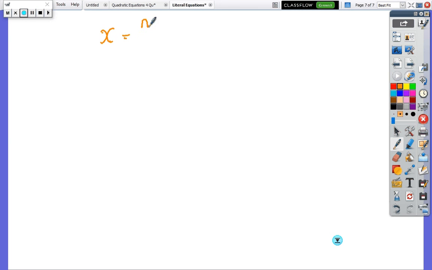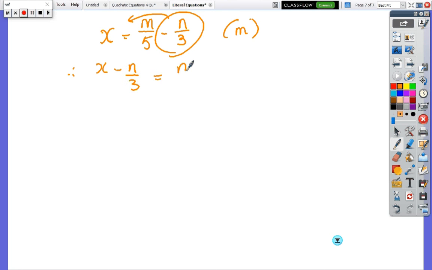X equals m over 5 minus n over 3, and we've got to make n the subject. First get the minus across, so x plus n on 3 equals m on 5.